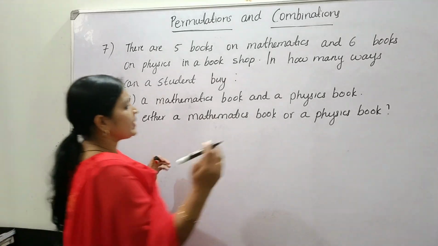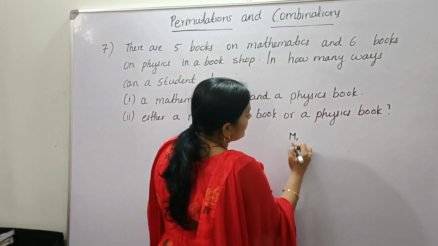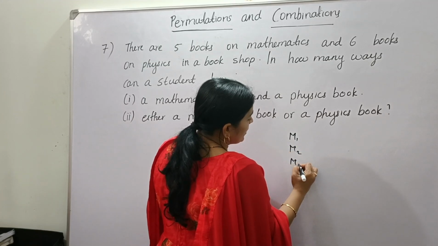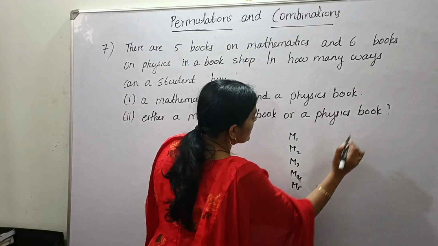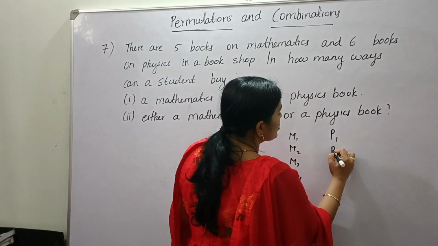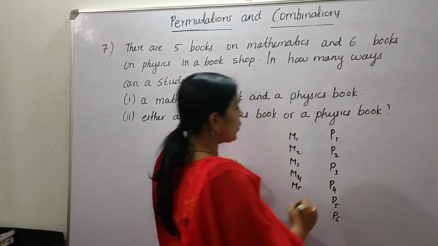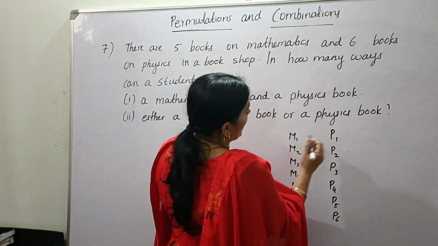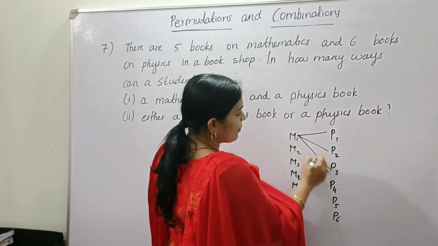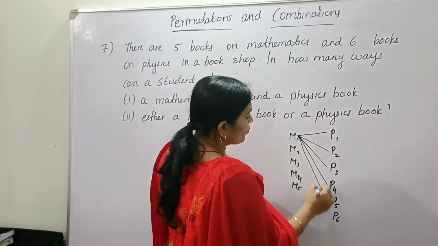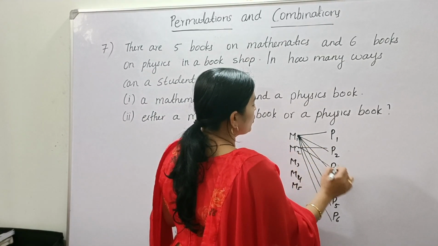Let us take mathematics books. 5 books are there, so let us name them M1, M2, M3, M4, M5, and P1, P2, P3, P4, P5, P6. Okay. See, a student can buy either M1 P1, or M1 P2, or M1 P3, or M1 P4, M1 P5, or M1 P6, or M2 P2, M2 P3.